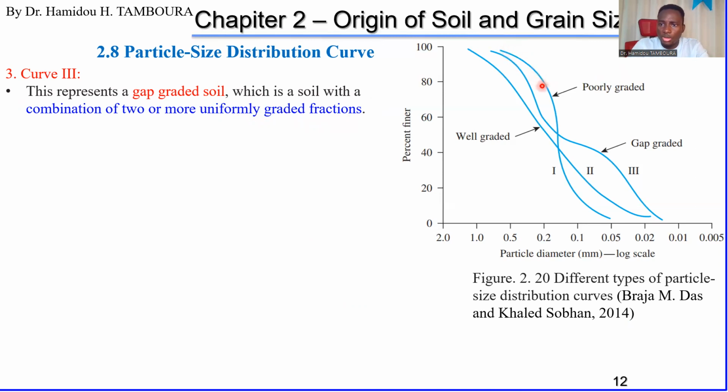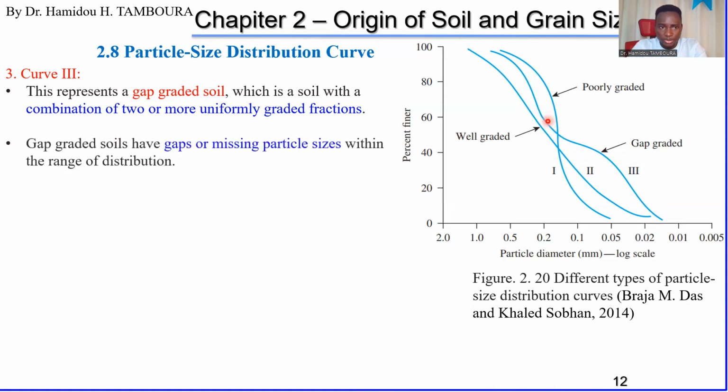So this part is one part which is uniformly graded, and that part, the second part, this one, is another part that is uniformly graded, and there is somehow a link or junction between the two.